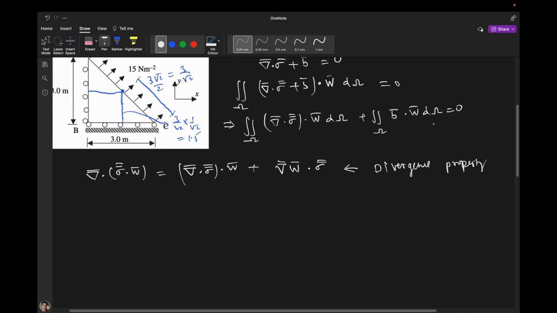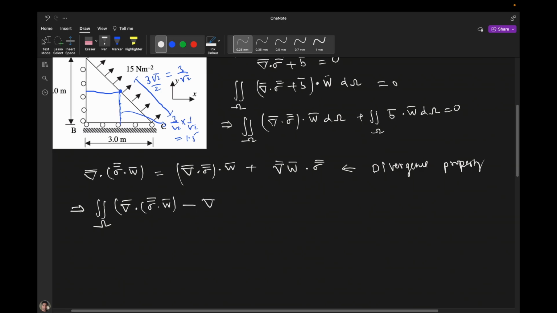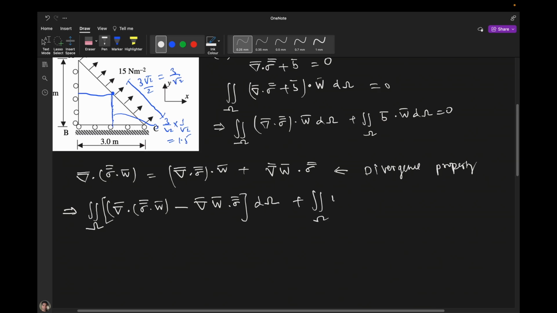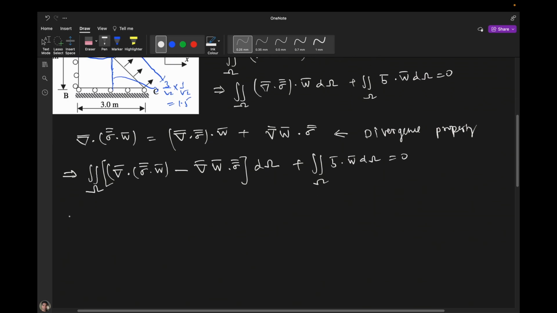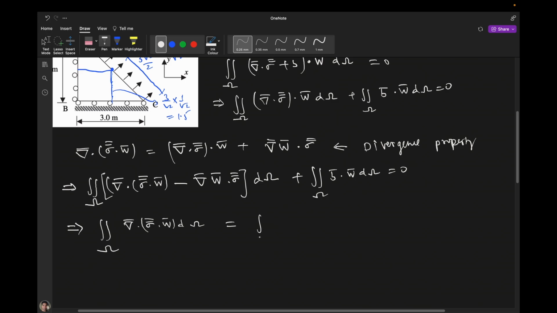Now we can directly use it here, so that becomes... here it should be plus.